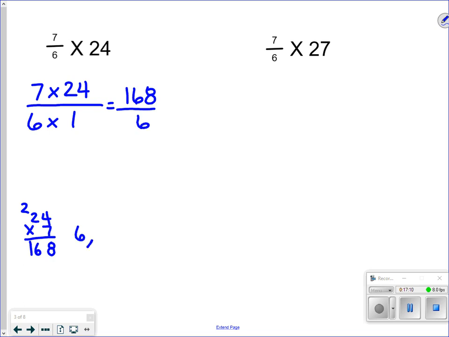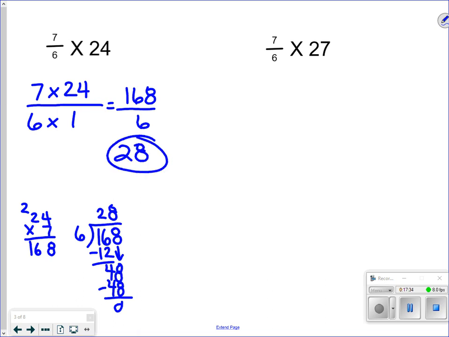Now I have to divide that. 6 into 168. 6 can't go into 1, but 6 can go into 16. How many times? 2. That's 12. 4. Bring down the 8. 6 into 48. 8. So you end up with 28. Yes. Good. So you see how it went from 24 to 28 because this was more than 1.